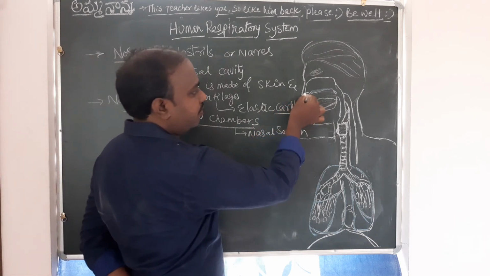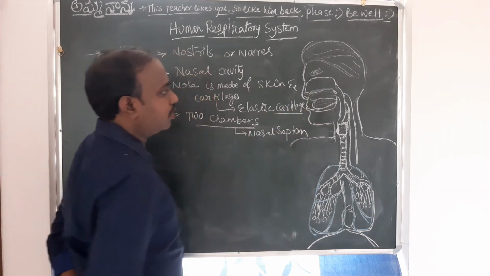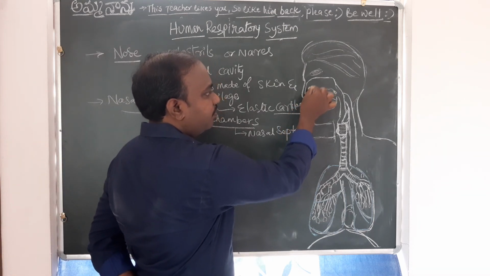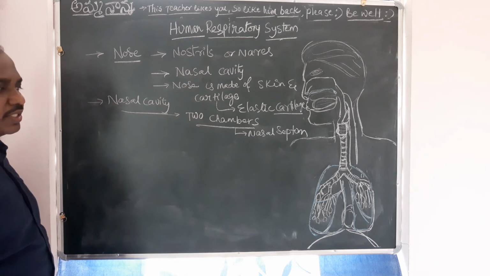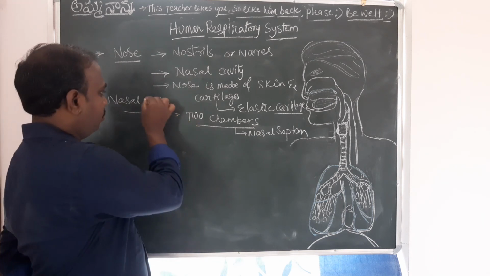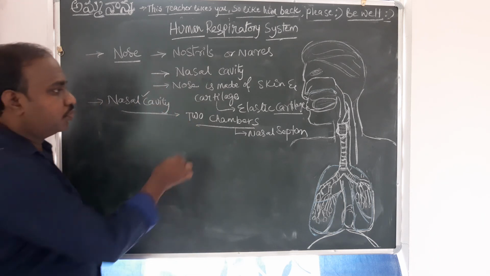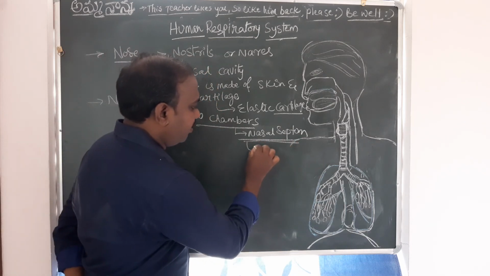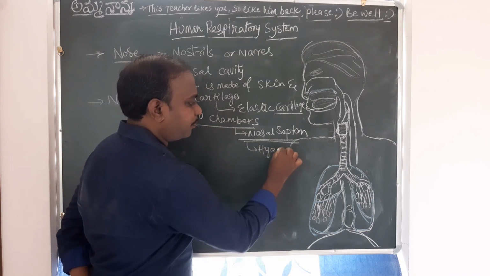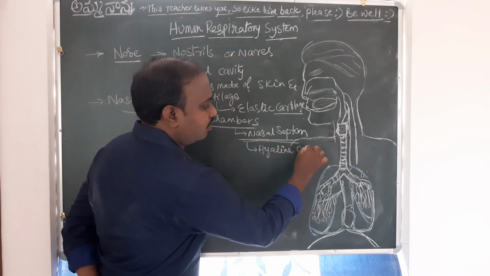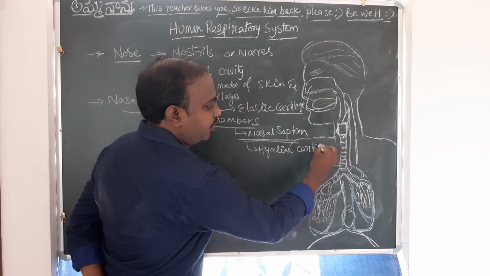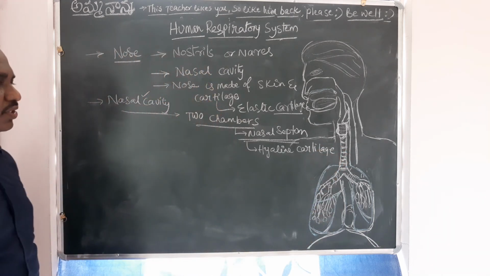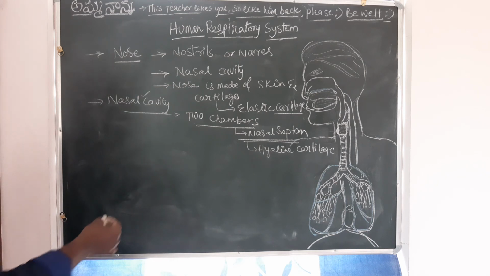This is what we are speaking of here, right? Somewhere here you will have this nasal septum dividing the nasal cavity into two chambers. This nasal septum is made of a cartilage called the hyaline cartilage. When you touch your nose, you can actually feel this hyaline cartilage.